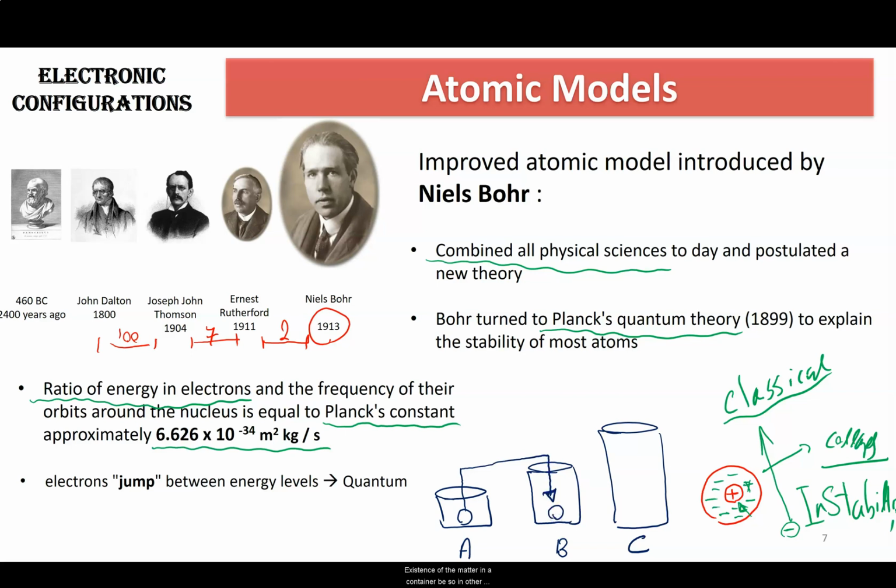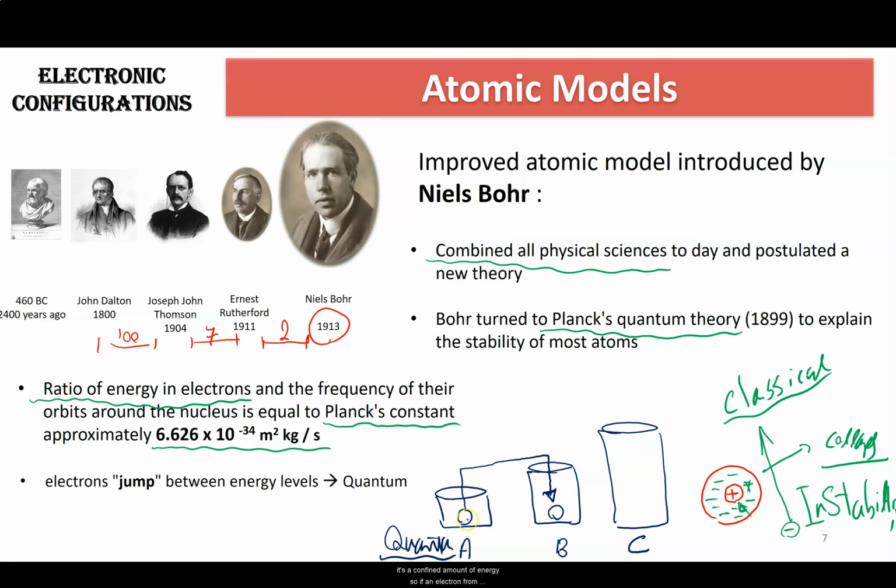In other words, the energy level of container A is a set value. It's not going to change. It is not continuous. It has restrictions in its quantification, so they called it a quanta. Quanta simply refers to a defined, confined amount of energy.